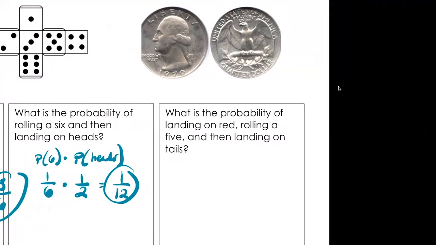What is the probability of landing on red, rolling a 5, and then landing on tails? This is 3 events now. Okay, so probability of red times probability of a 5 times the probability of tails.